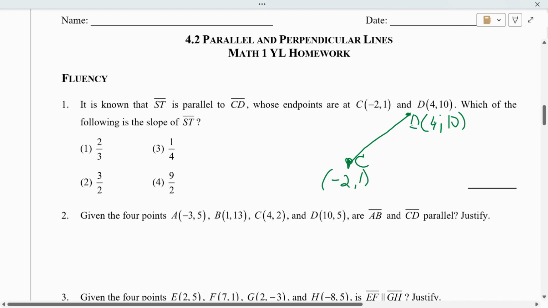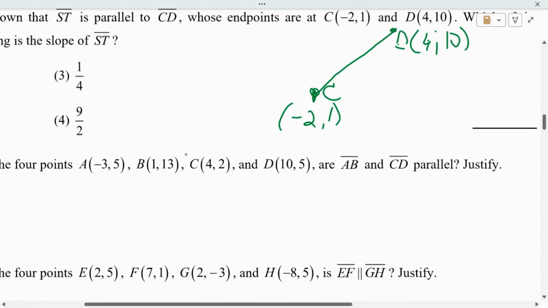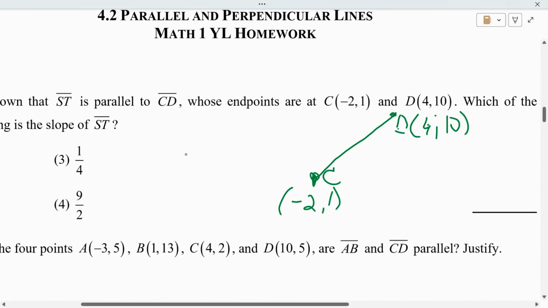So I have to calculate the slope, and then that will tell me what the slope of segment ST needs to be because they're parallel. So the slope of segment CD: y2, 10, minus y sub 1, 1, over x sub 2, 4, minus x sub 1, which is -2.